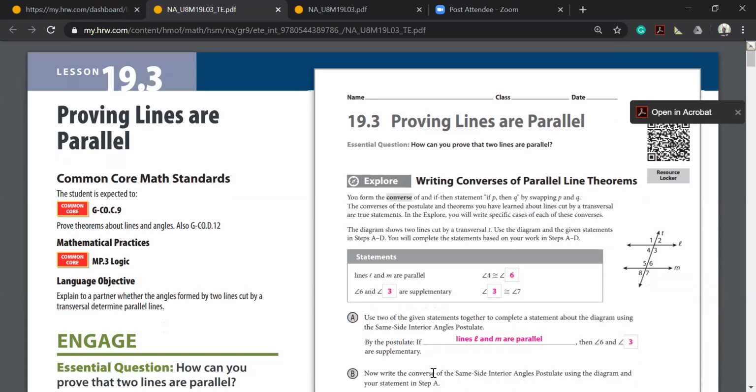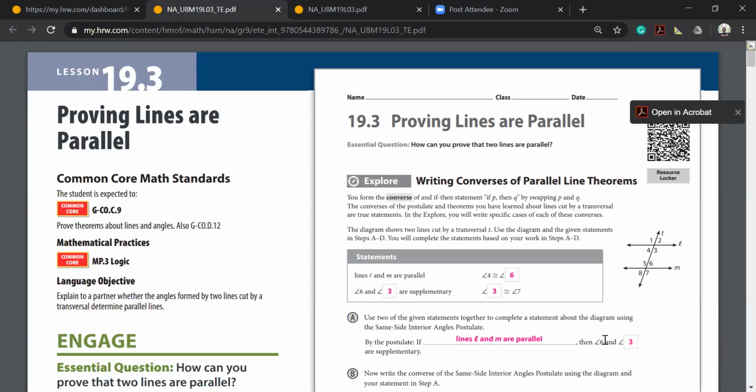Now let's write the converse of the postulate. Converse means you are going to swap the two events. What are my two events that happened here? The first event is lines L and M are parallel. The second event is angle 6 and angle 3 are supplementary. What happened first? That lines L and M were parallel. Let's swap them. Let's make the second event happen first.